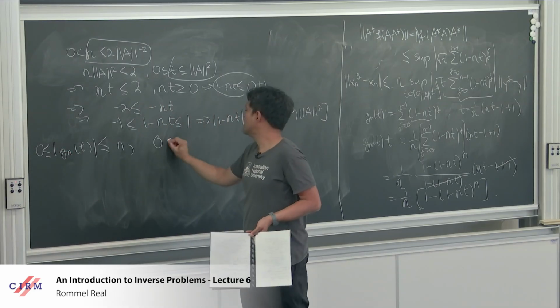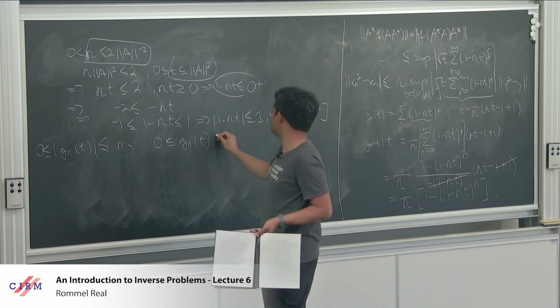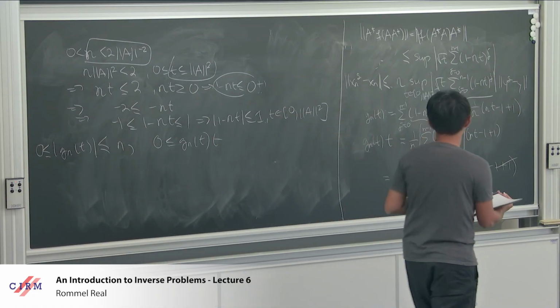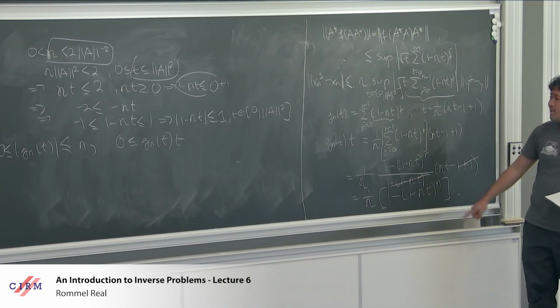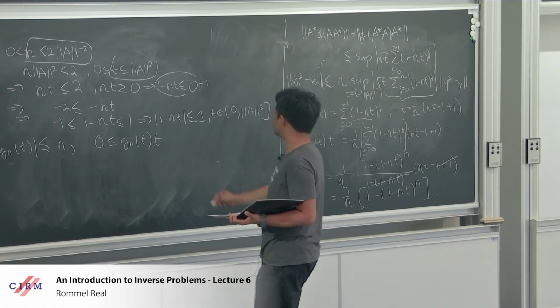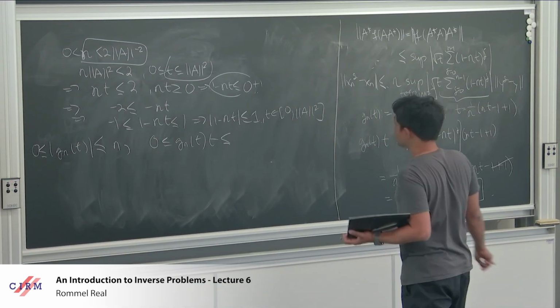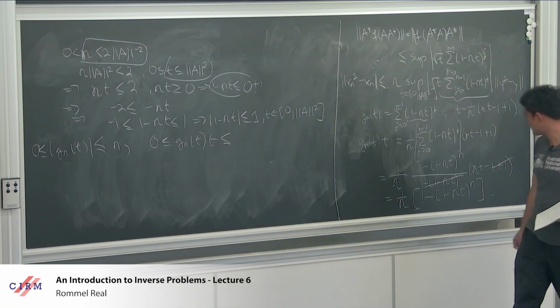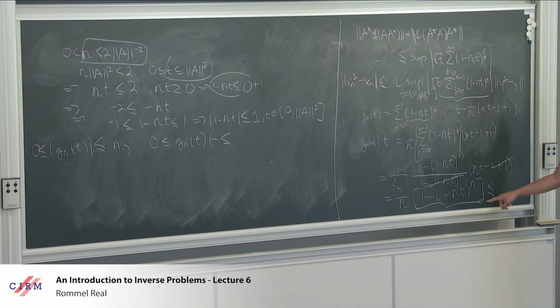And g sub n of t times t, from this expression here, taking absolute values, this will be bounded above by 2 over just eta.